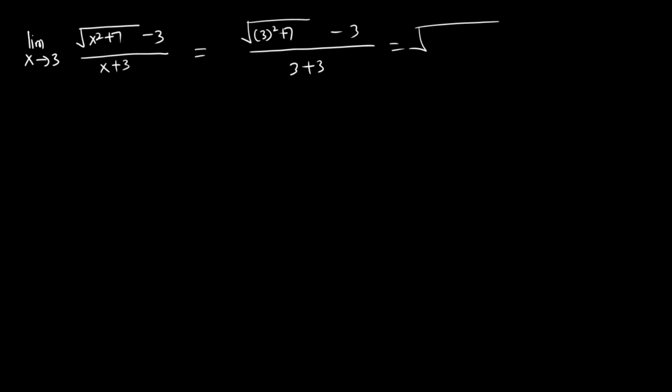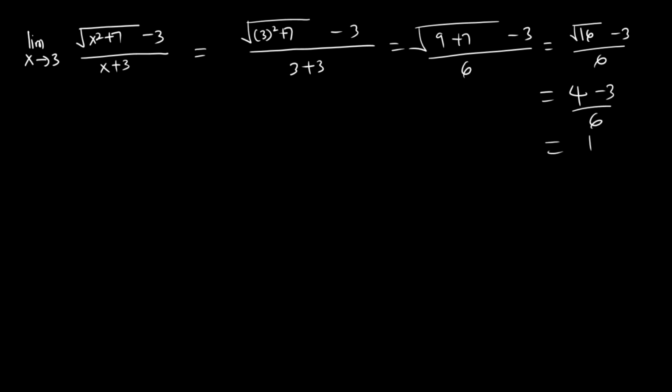3 squared will give us 9. So you have the square root of 9 plus 7, minus 3, divided by 6. 9 plus 7 will give us 16, so we have the square root of 16 minus 3 divided by 6. The square root of 16 is 4, so you have 4 minus 3 divided by 6, which results in 1 over 6.